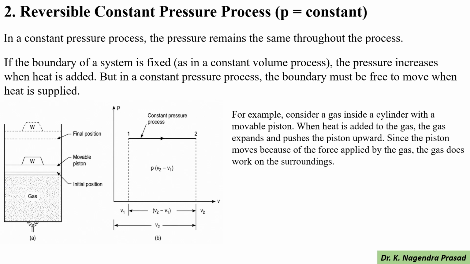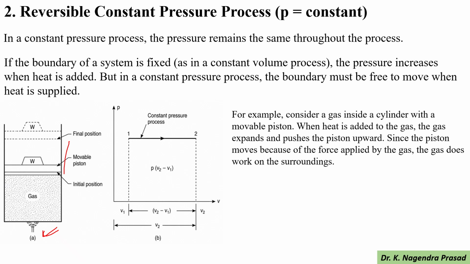So let's see it schematically. This is the constant pressure process. Here gas is inside the cylinder and we are adding heat, so pressure tries to increase, and then the piston has to move upward. In this way, pressure remains constant. The piston is moving upward, so the gas does work on the surroundings.